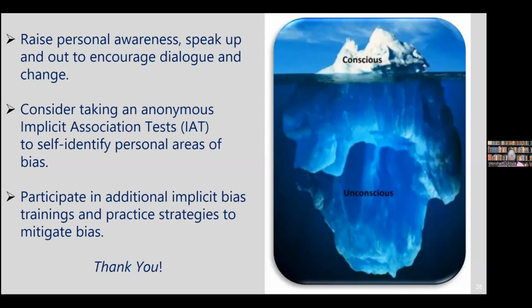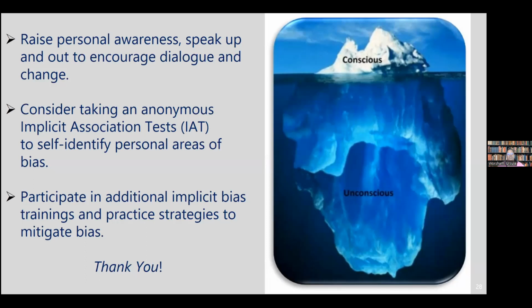So last but not least, as we close out, the goal as we started at the very beginning really was to increase opportunities for awareness of our own bias that we bring to the table, acknowledging that we all bring bias to the table and that it doesn't make us bad people, but it does give us accountability that we need to do something about it, and be mindful, raise awareness, encourage dialogue. And we do that through continued conversations with each other and continued training.